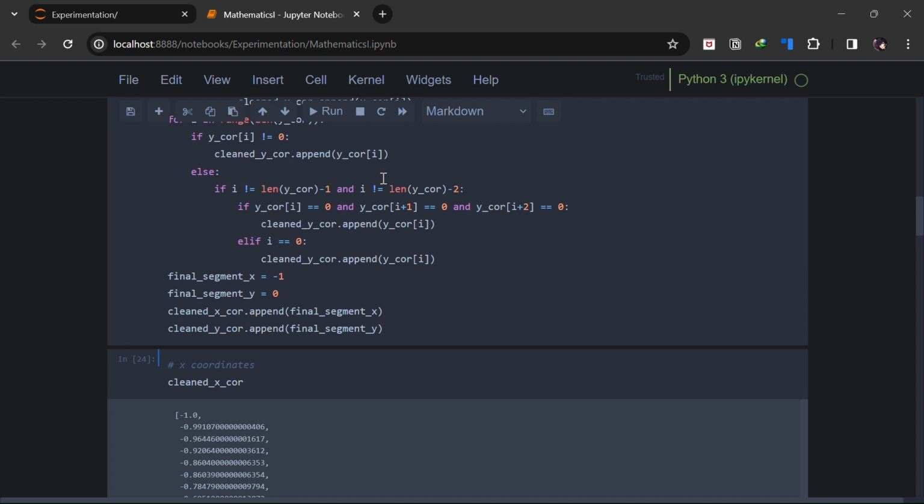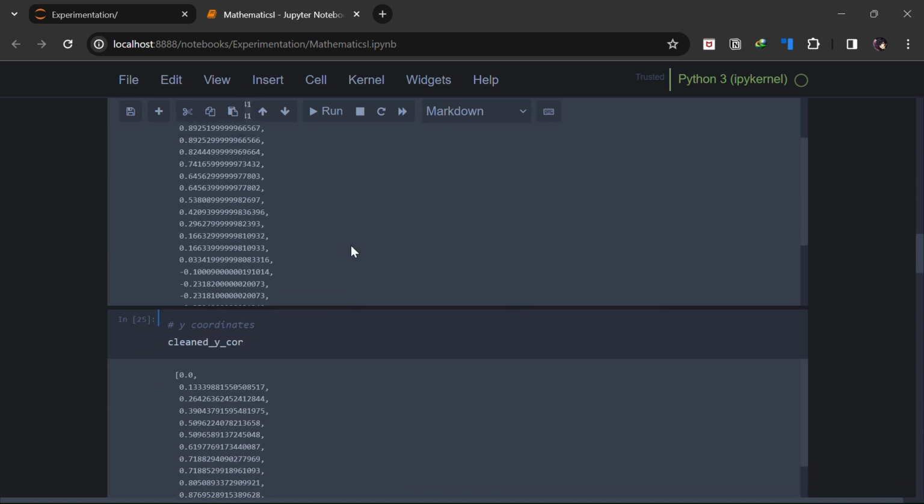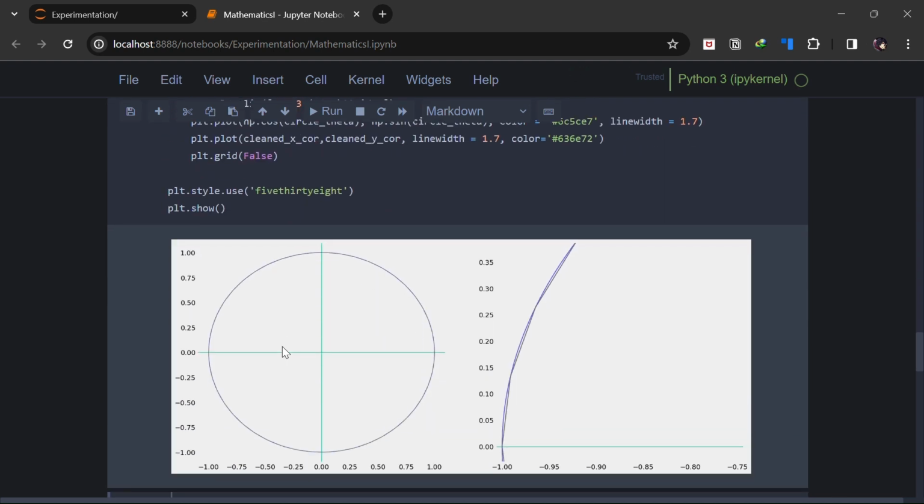So if I increase the number of sides to a very large number, then the argument that I'm making is that the polygon will completely overlap the circle. You won't be able to differentiate between the polygon and the circle.